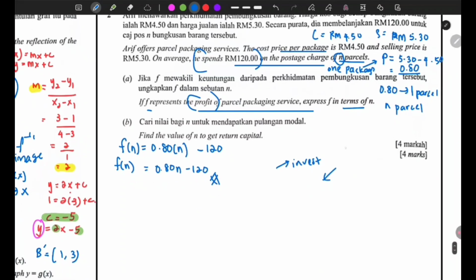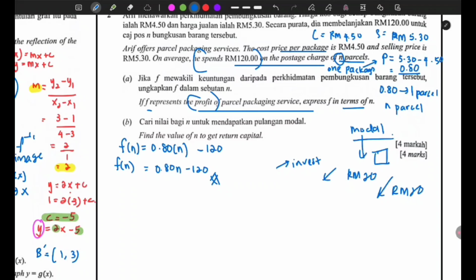For example you invest about 20 ringgit, you get back the 20 ringgit. You put inside the company 20 ringgit, you invest 20 ringgit. The profit that you get back after you invest, the profit that you get also 20 ringgit. The investment is the modal, the capital that you put inside the company. You put 20 ringgit, you get back the 20 ringgit.